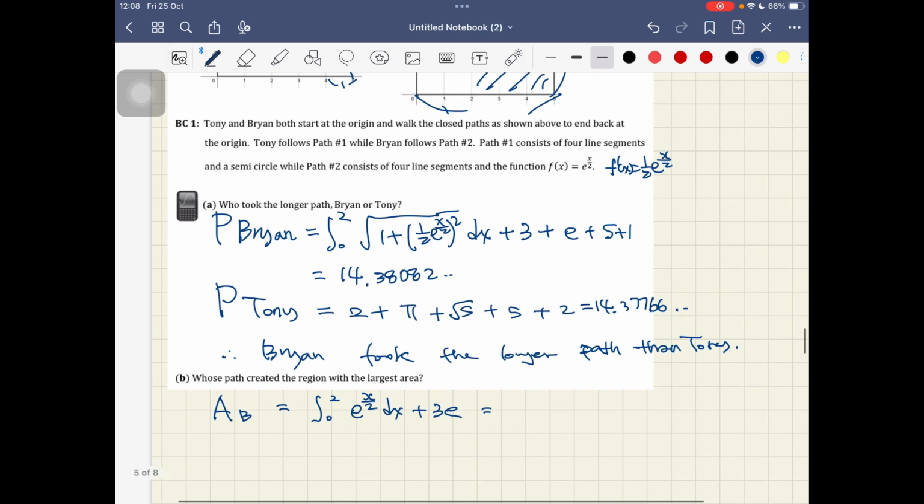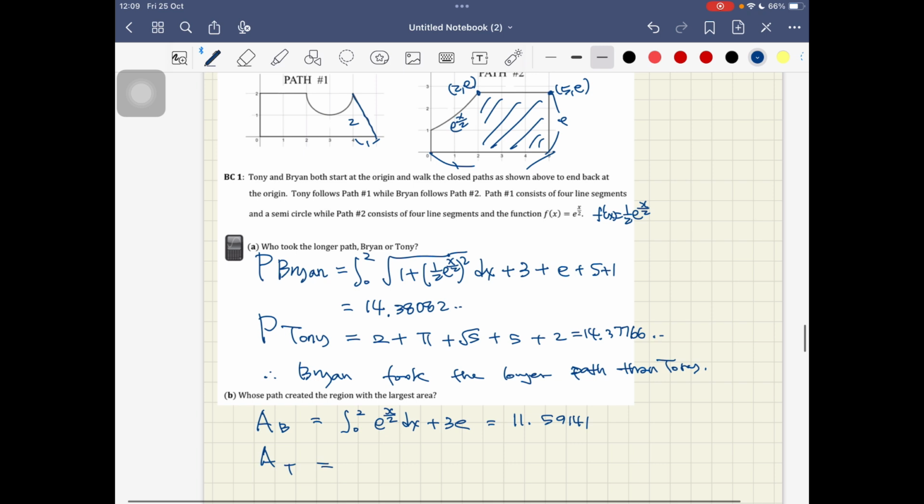So let's calculate it. The integral from 0 to 2 of e to the power of x over 2 dx, plus 3e. So this makes 11.59141.